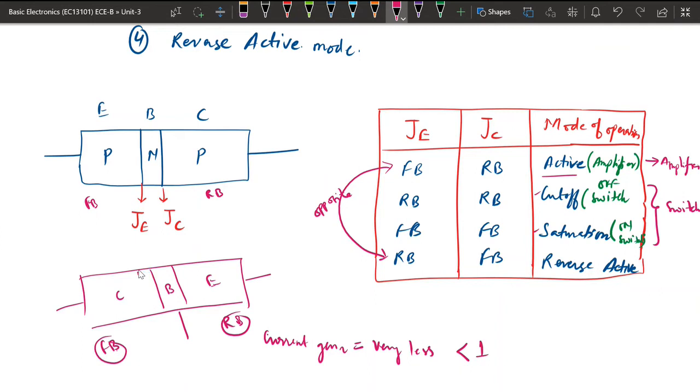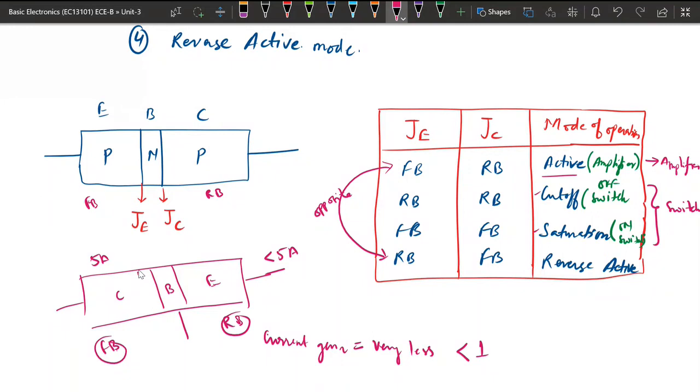Suppose we are providing 5 ampere here. Gain less than 1 means we will be getting lesser current, that means less than 5 ampere we will be obtaining here.